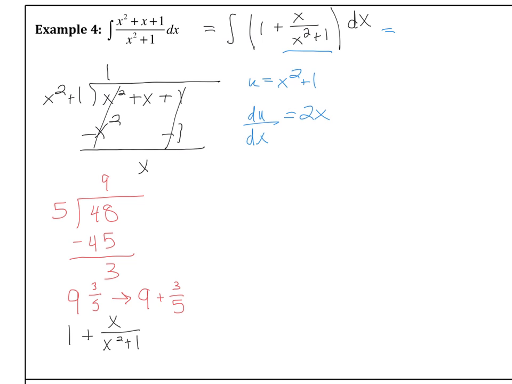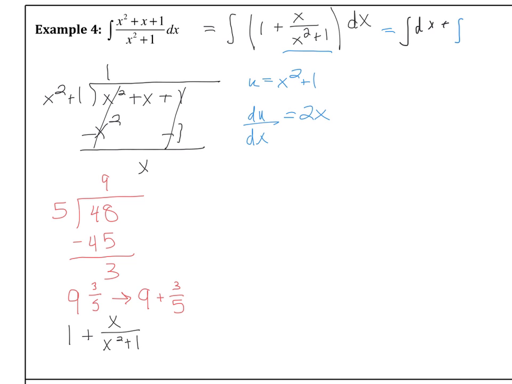Why? Because the piece in blue we have changed to u's, but the 1 we have not, and I don't want to mix those up. So here I'll have the integral of 1 dx, and then plus the integral for which I have done this u sub.